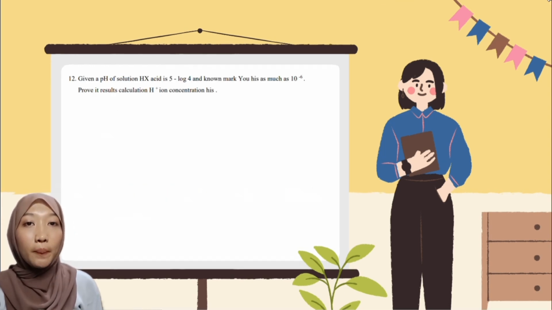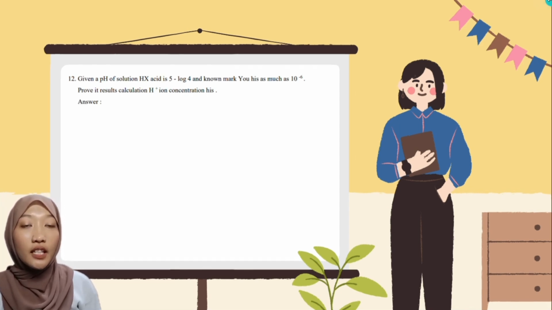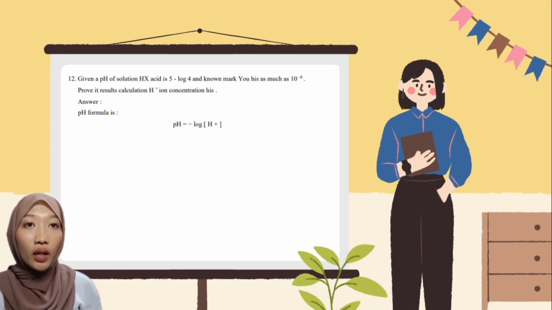Number 12, with pH 5 minus log 4 and Ka equals 10 to the power of minus 6. Prove the calculation of the H plus ion concentration of HX acid. The answer is, first, the pH formula is pH equals minus log concentration H plus.